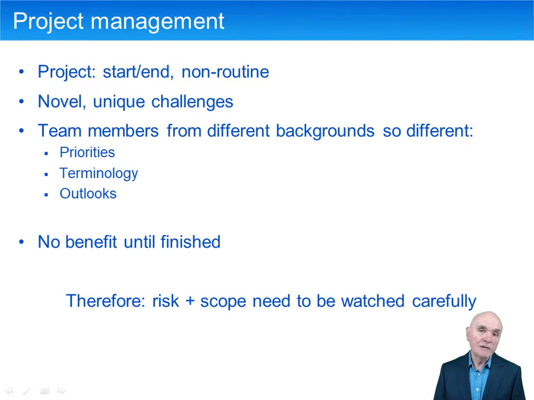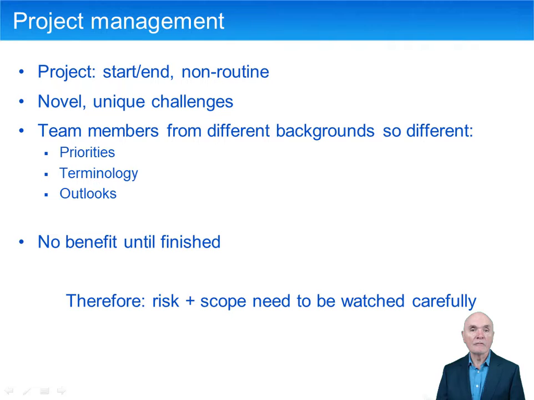Usually projects have project teams, and project teams are required to bring knowledge and input from a wide selection of the stakeholders who are going to be affected. And these people coming from diverse backgrounds may have very different priorities.